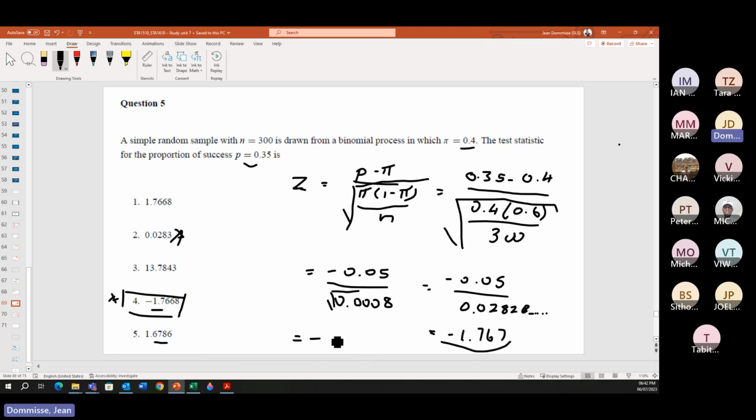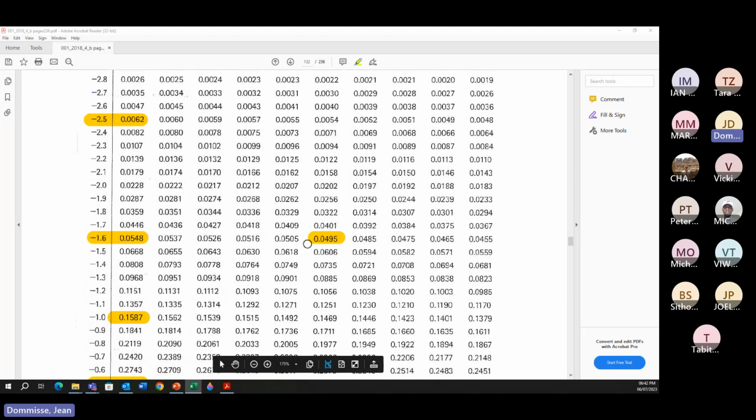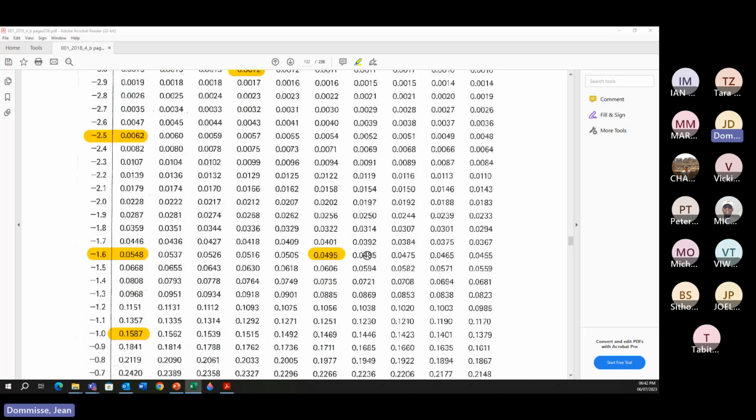So let's say it was minus 1.77. And if I needed the smaller area of that, so if I needed this side of minus 1.77, we would have gone to 1.7. Let's just see where that is, minus 1.77, and you would have gotten that.